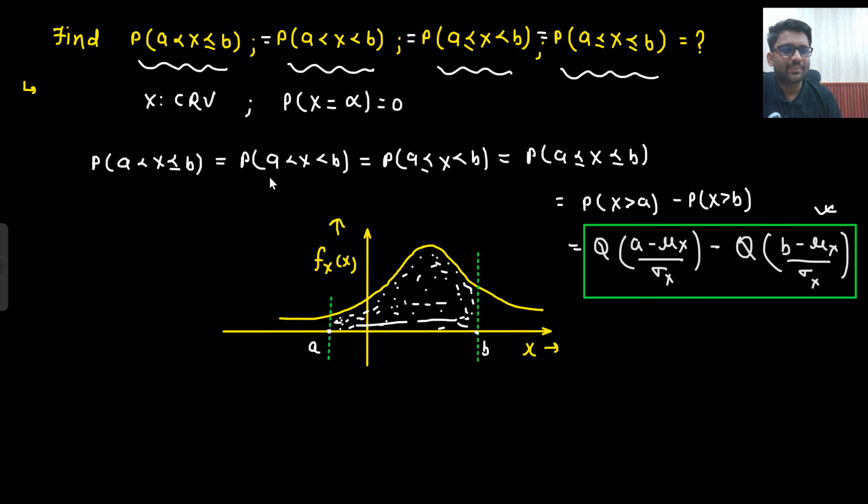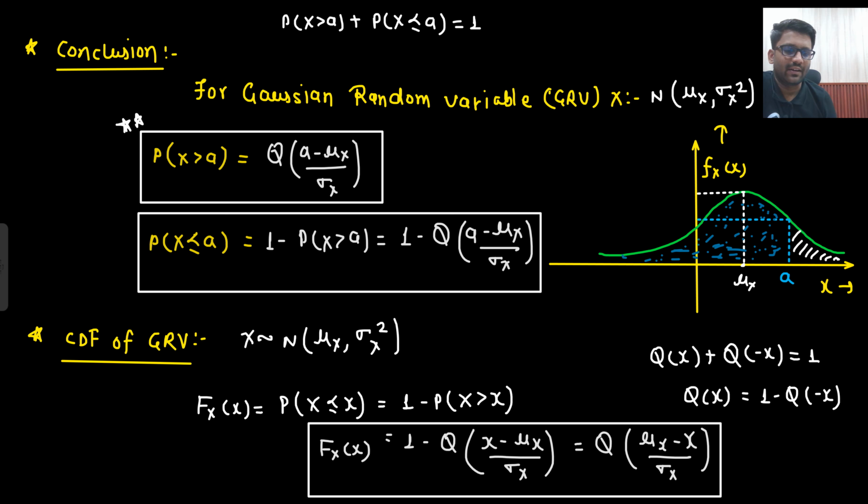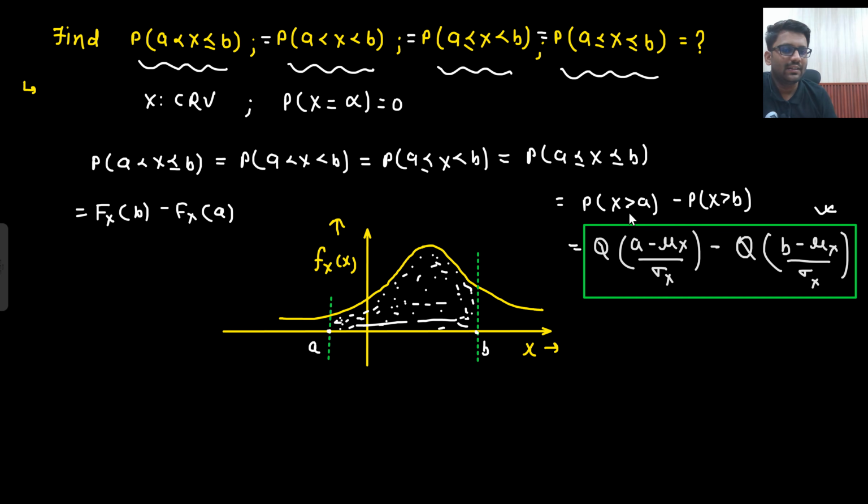Here I could have solved it with respect to CDF as well. If I had solved it with respect to CDF, I would have written Fx of B minus Fx of A. But I usually remember the answer for greater than, not for the lesser one. For the lesser one I can make the answer just the way I made it here, but for the greater one I remember the answer, that is Q of (A minus mu x) upon sigma x.